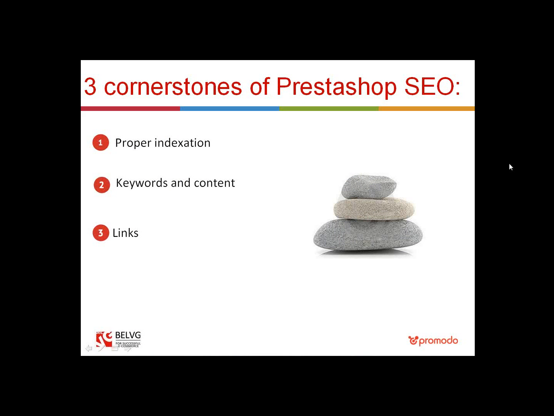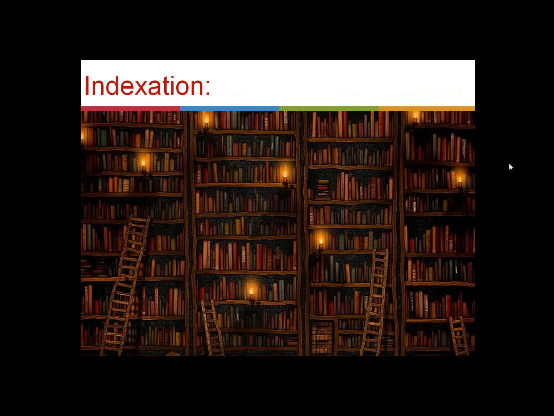And for Prestashop stores, e-commerce stores, there are three main cornerstones of search engine optimization. Of course, there are more than 200 factors for search engine rankings, but for e-commerce web stores, I would highlight three main ones: first, proper indexation; second, keywords and content; and third, of course, links.